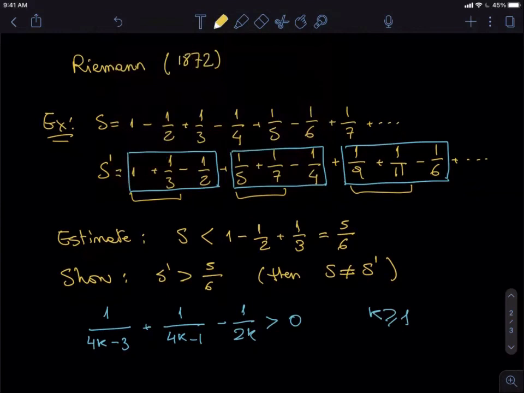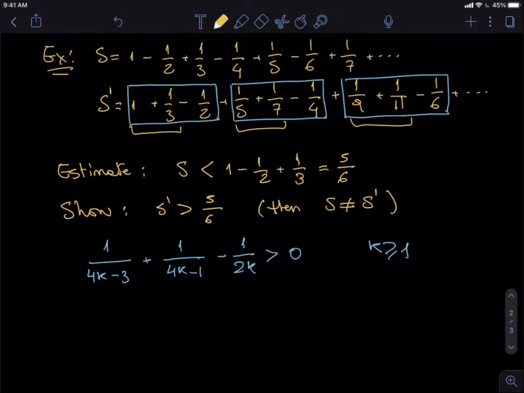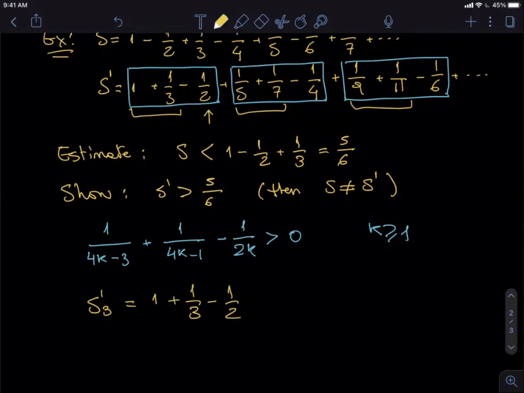So what happens then? If these blocks are all positive, then if I look at the partial sums and I look at S3, which is the sum up to that negative 1/2, this one is going to be smaller than S6, which is the first two blocks, plus 1/5, plus 1/7, minus 1/4, and so on.